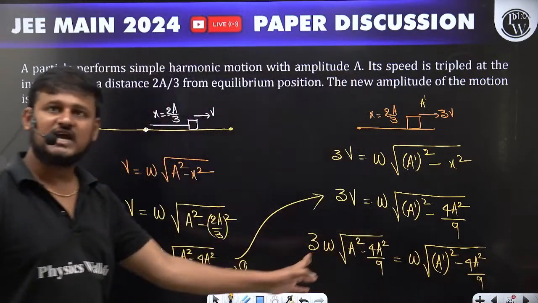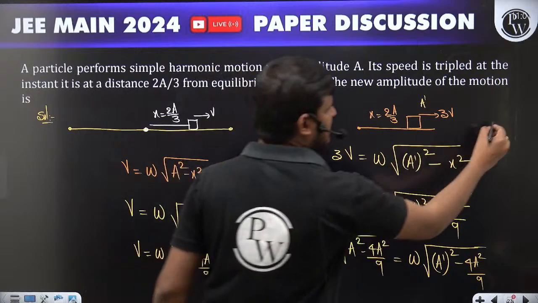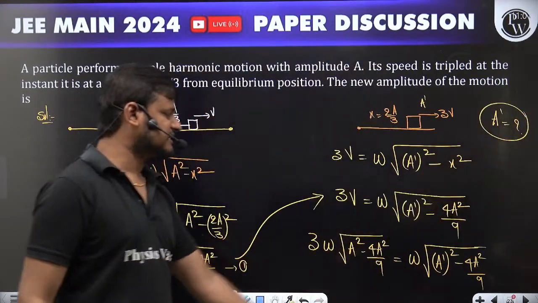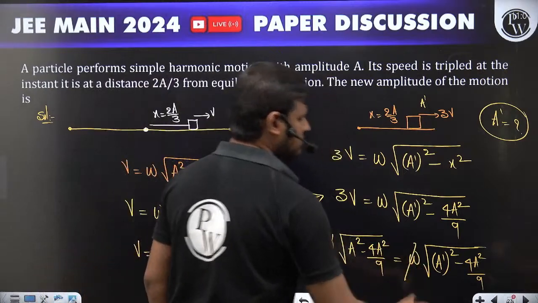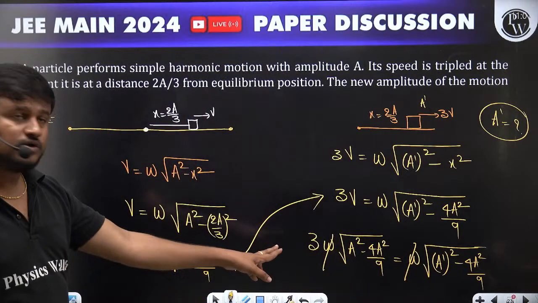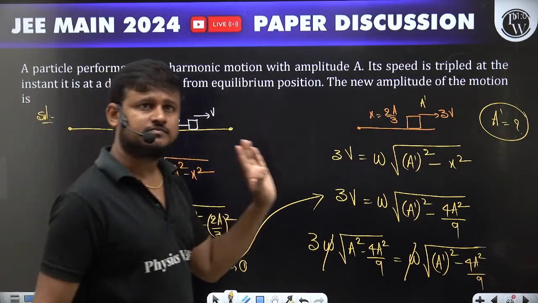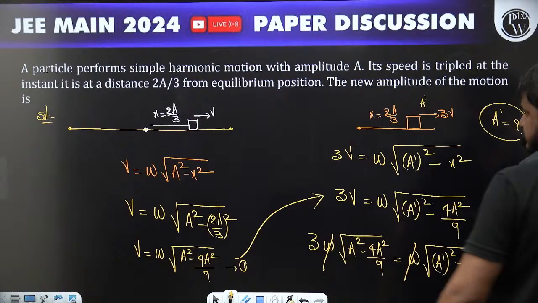Just do these calculations and get the A dash value. Clear? Square it on both sides and get the A dash value. Done, guys? Understood? A dash you will get in terms of A. Easy question. Okay, next.